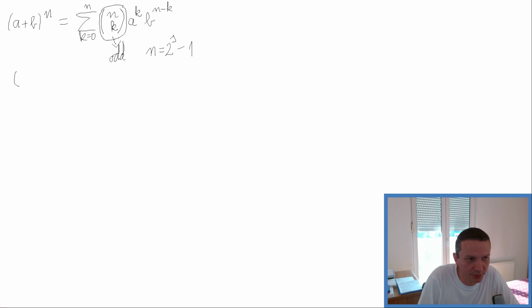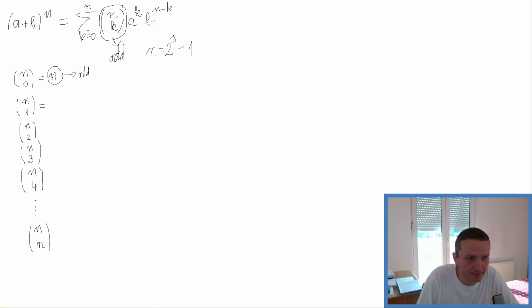So all those coefficients are n over 0, n over 1, n over 2, n over 3, n over 4, and so on until n over n. So let's go from the first one. This n over 0 is 1, so n should be odd.